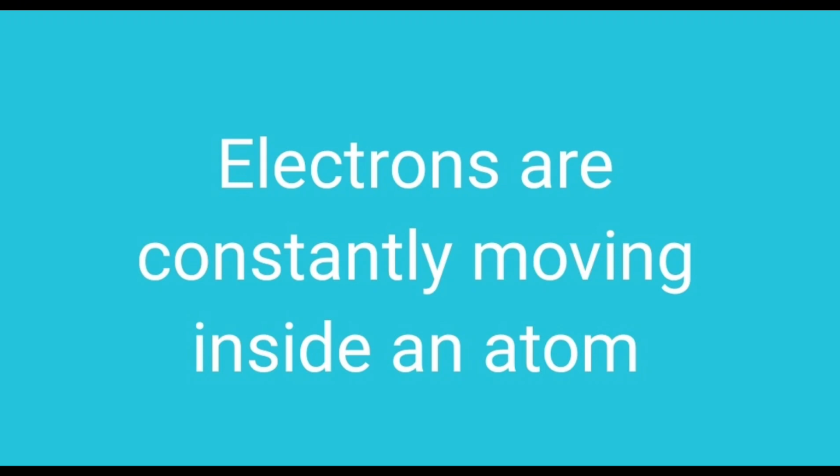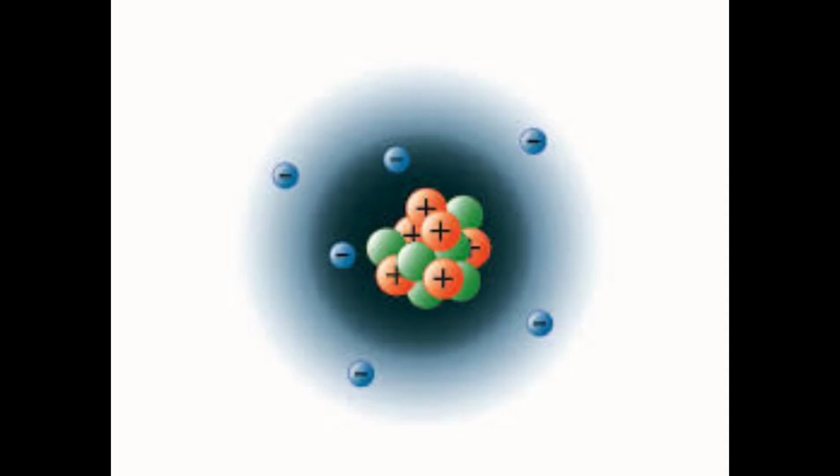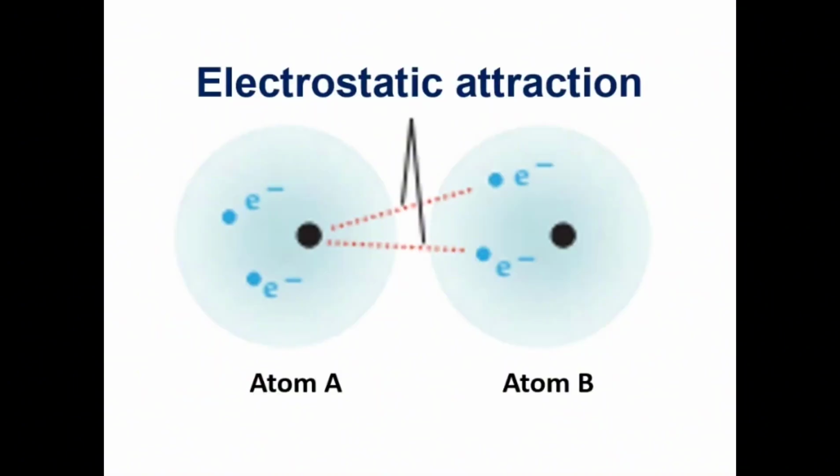They are not in the same place, but if we theoretically stop an atom for a moment, at one moment the electrons will be in some place. It can happen that at some certain moment, both of the electrons are, let's say, on the left side of the nucleus. It means that this atom will have the left side negatively charged and the right side positively charged. It means that for that instant, our atom will be a dipole. This is called an induced dipole.